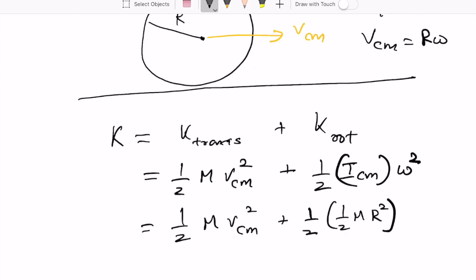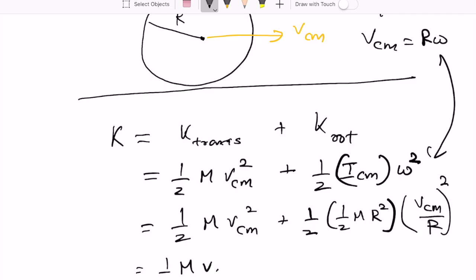So we can plug that in over here and then simplify a little bit. So omega is vcm divided by R, squared, and now we can just simplify this. 1/2 m vcm square plus 1/4 m r square vcm square divided by R square.